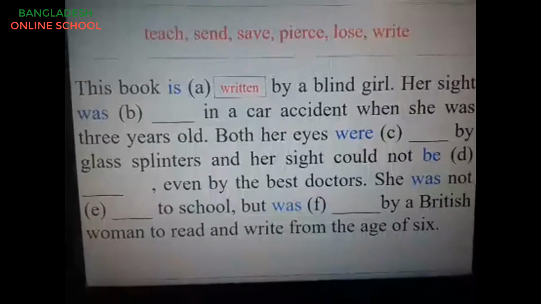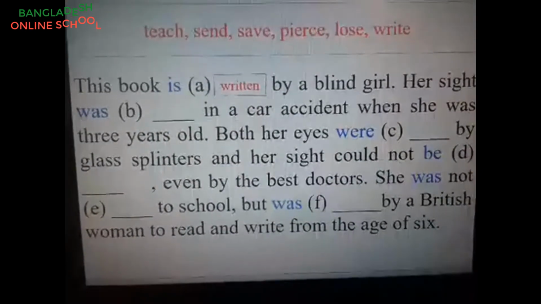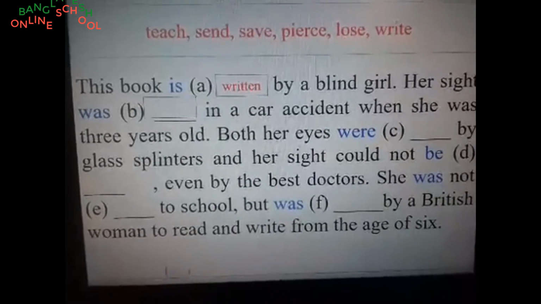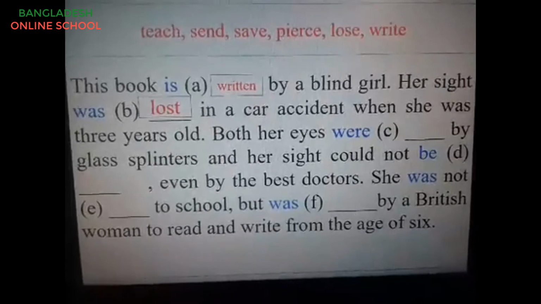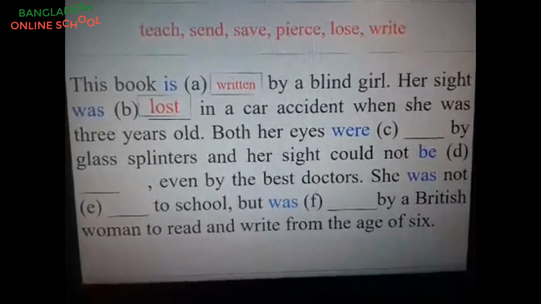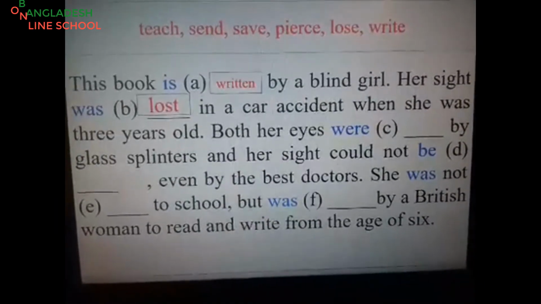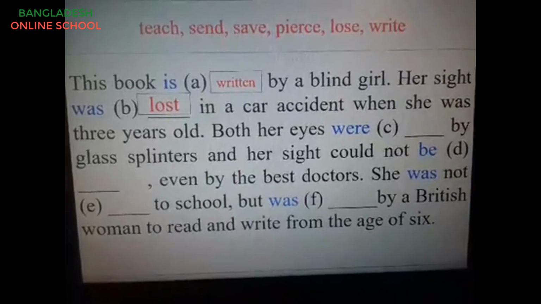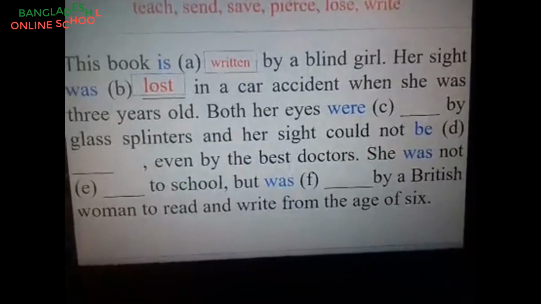Her sight was, the past participle form will be used, lost in a car accident when she was 3 years old. Both her eyes were pierced by glass splinters, and her sight could not be saved even by the best doctors.